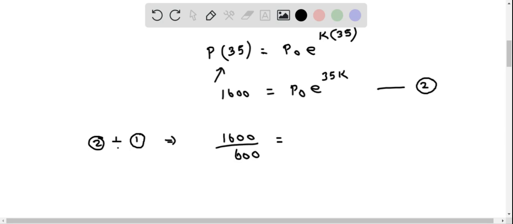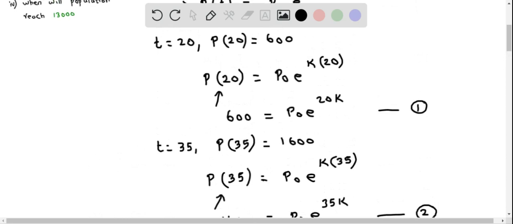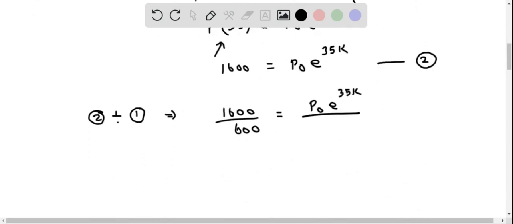This equals the right side of equation 2, P naught e raised to the power of 35k, divided by the right side of equation 1, P naught e raised to the power of 20k. Now we can cancel P naught with P naught, and cancelling the trailing zeros, 1600 over 600 is reduced to 16 over 6, which equals 8 thirds.